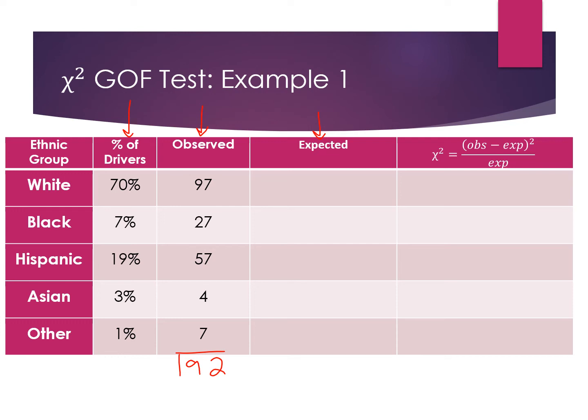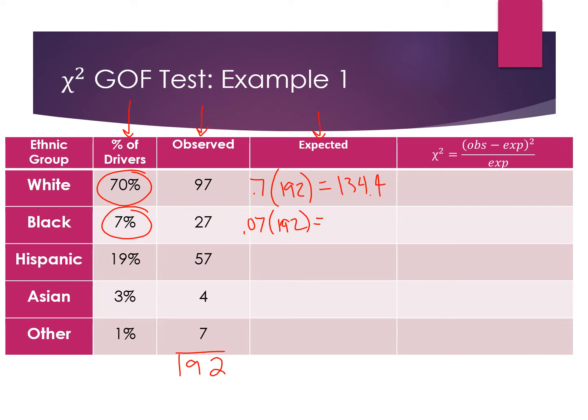And out of those 192 traffic stops, I expect for 70% of those drivers to be white. So I'm going to do 0.7 times 192. So 70% of 192, I expect for 134.4 of those people to be white. And then I expect 7% to be black, so 0.07 times 192.